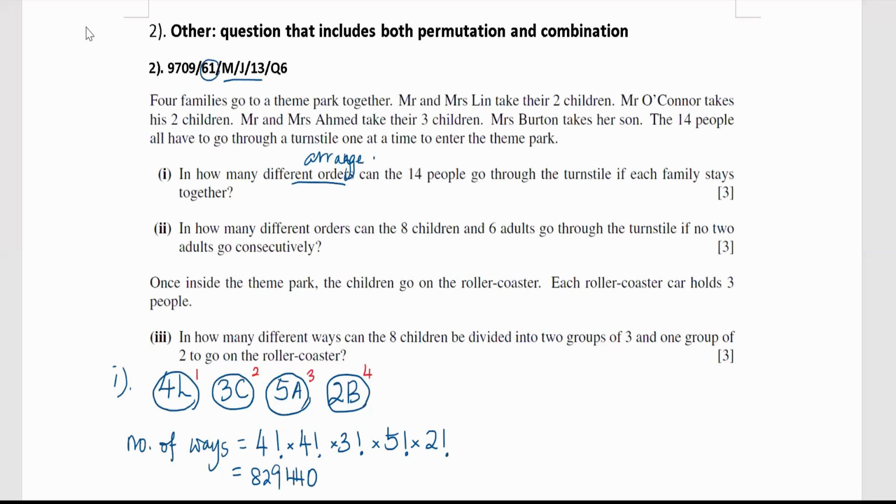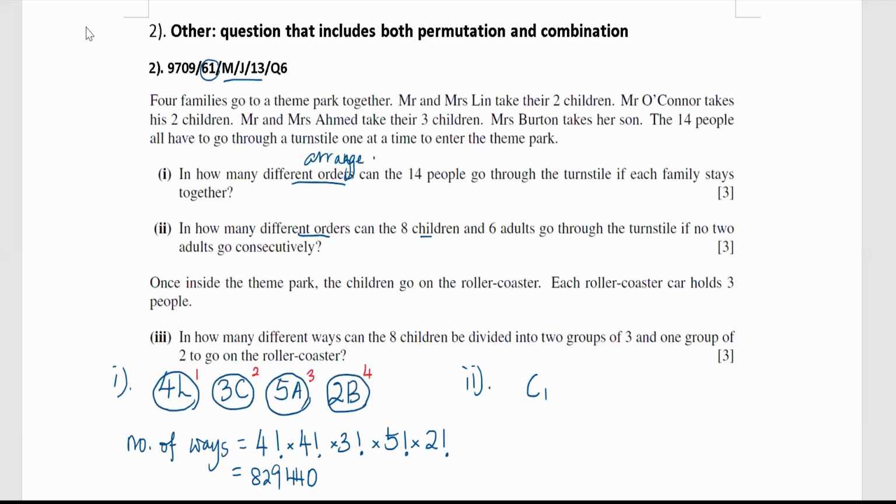All right. Now we look at the second question. In how many different orders, same thing, we are looking at the arrangement, can the 8 children and 6 adults go through the turnstile if no 2 adults go consecutively? All right. So we are looking at the children.